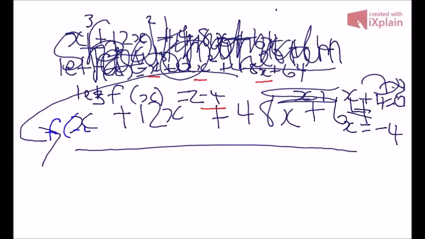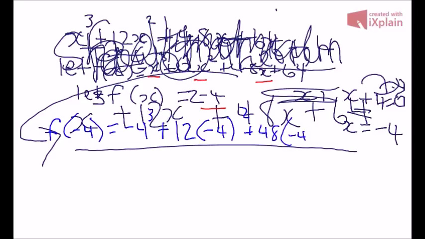So now you're going to say f of minus 4 is equal to minus 4 cubed plus 12 by minus 4 squared plus 48 by minus 4 plus 64. Right?